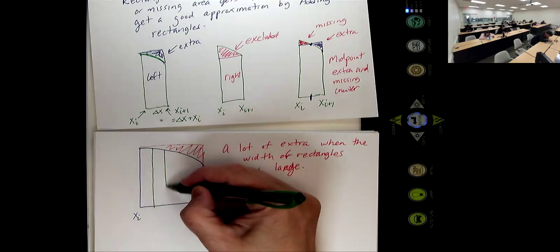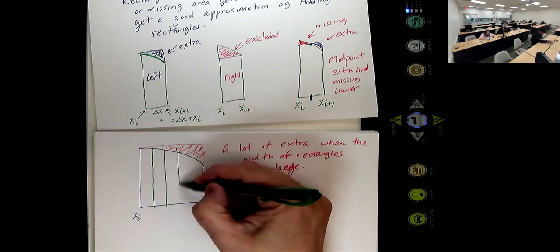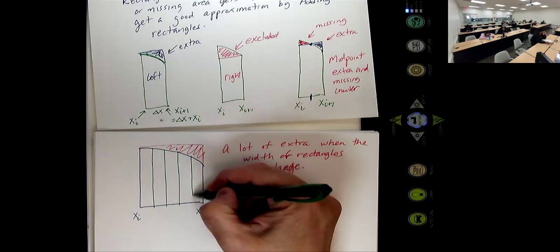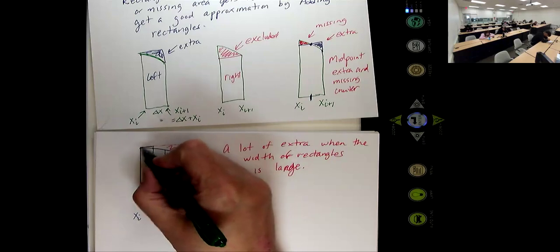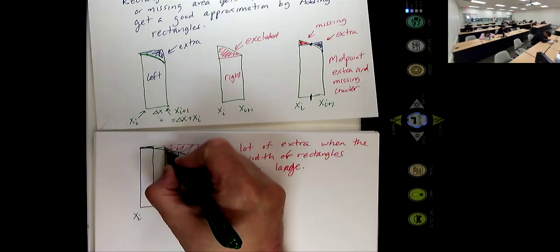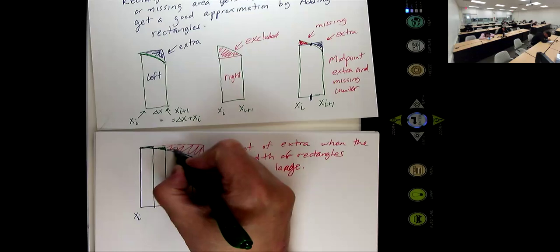Now I'm going to make smaller rectangles and do the same left endpoint thing, and color in a little bit of extra with green here.